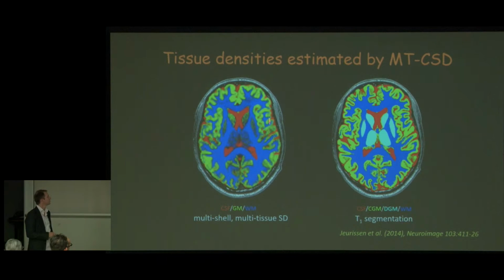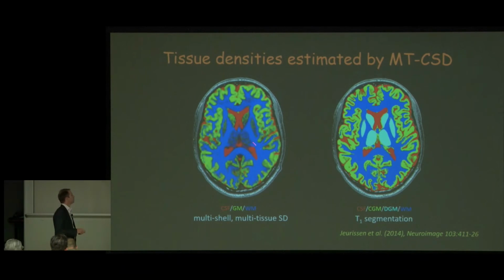So this is the diffusion data displayed as the estimated densities of grey matter, white matter, CSF, and color-coded as such. It's not a classification. These are the actual densities. They're not classified. This is a T1 segmentation that corresponds to the same patient in this data.